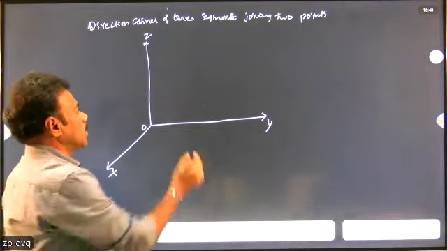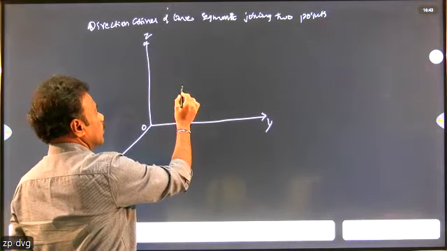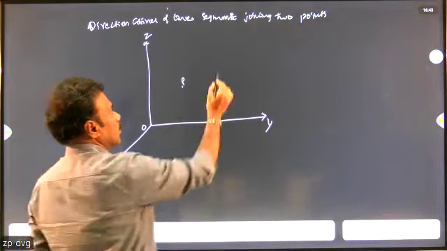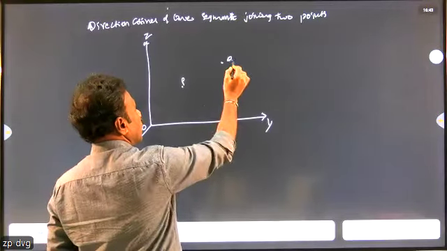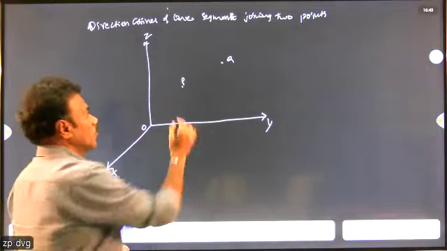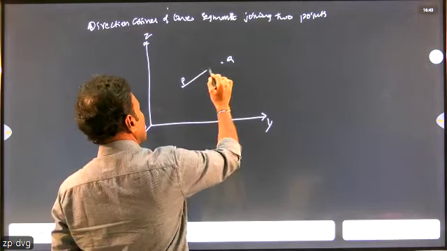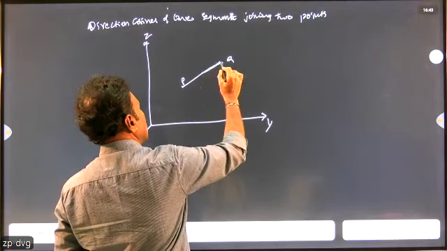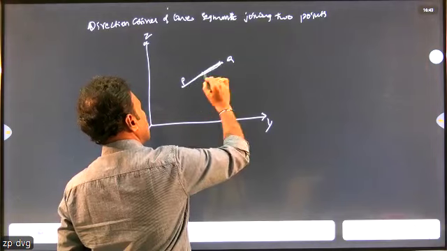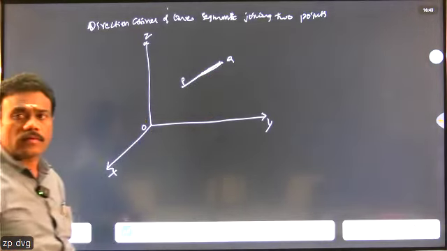I am taking P as any point in space, and Q as any point in space. If you join these two, you will get a directed line.